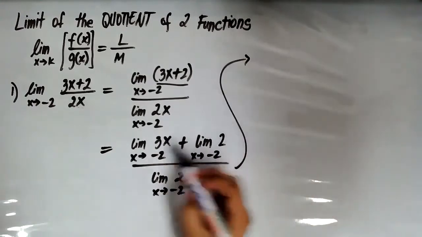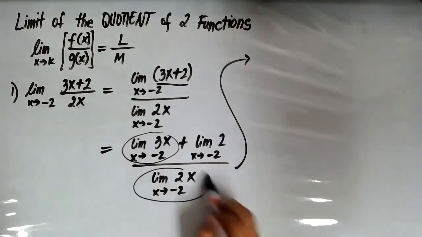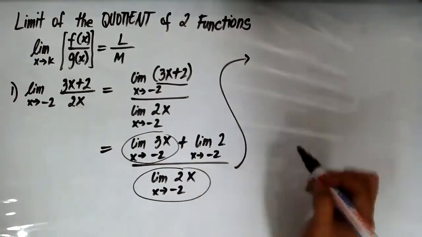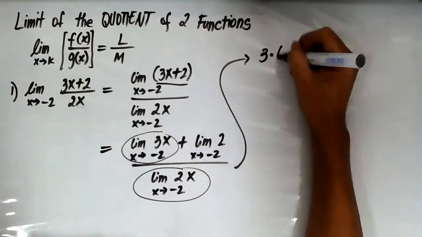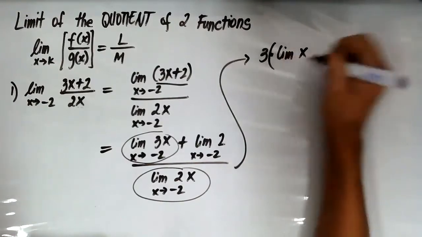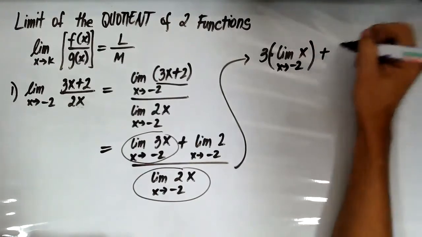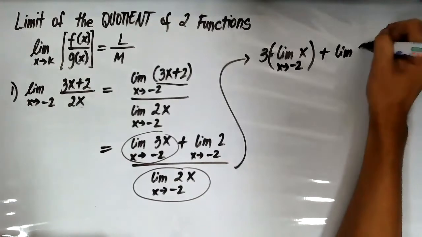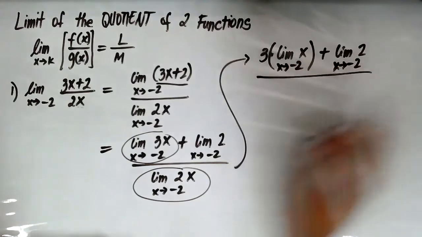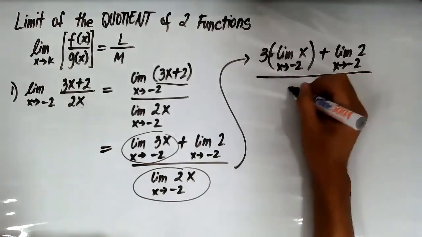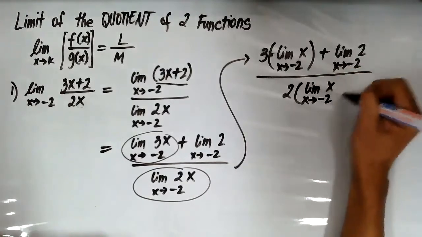All right, by using the constant multiple law in the first term of the numerator and in the denominator, this will be equal to 3 times the limit of x as x approaches negative 2, plus the limit of the constant 2 as x approaches negative 2, all over 2 times the limit of x as x approaches negative 2.